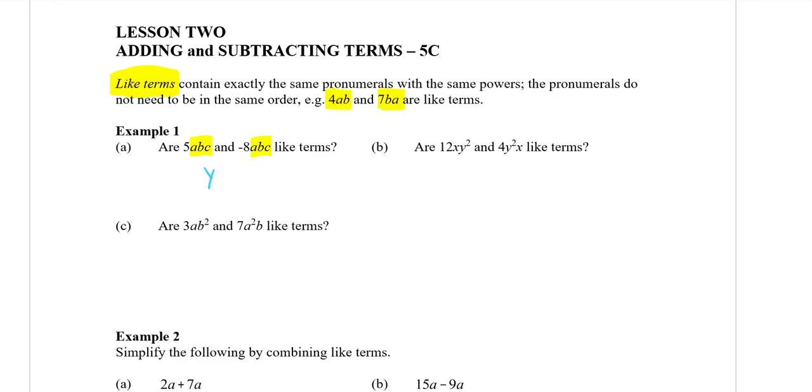So yes, they are like terms. In question B, 12xy squared and 4y squared x, are they like terms? Well, we have an x and an x. We have a y squared and a y squared. So yes, again, the letters are exactly the same, so they are like terms.